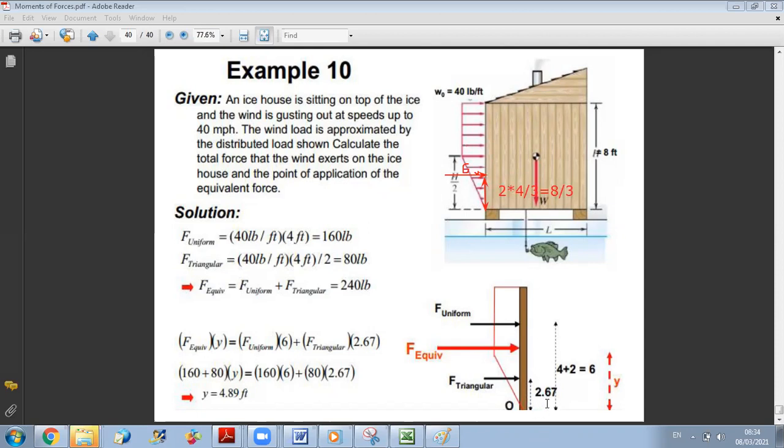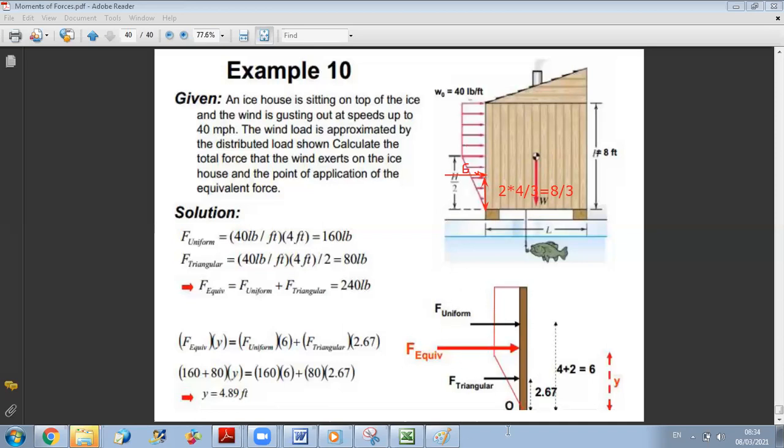So until now what we did is that we reduced the rectangular load into one force and the triangular load into one force, but we are not done yet because they asked to reduce to one equivalent force. From now on it's easy for you because you know how to reduce a system of forces into one single force.